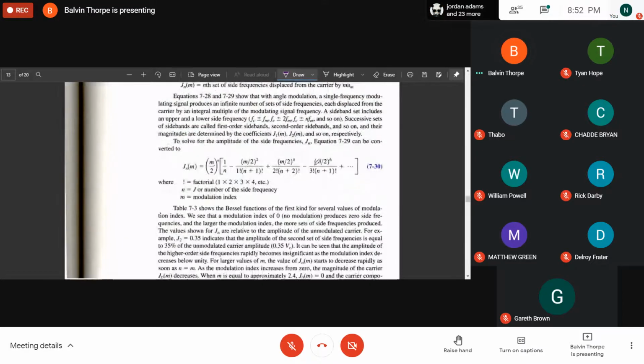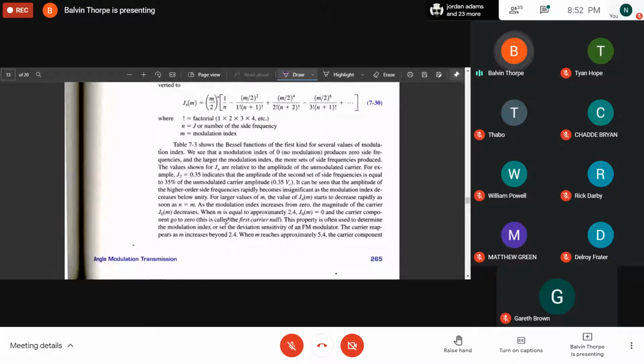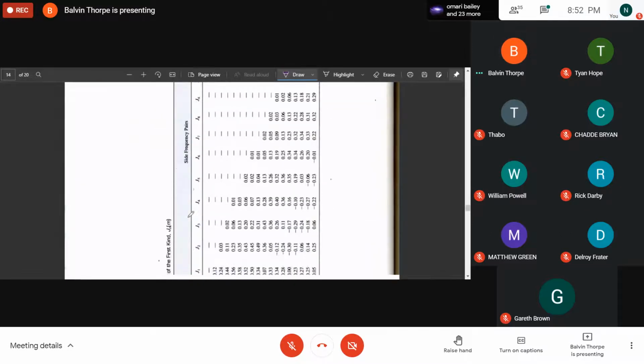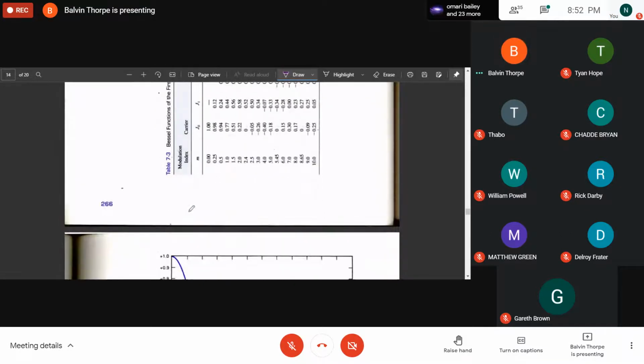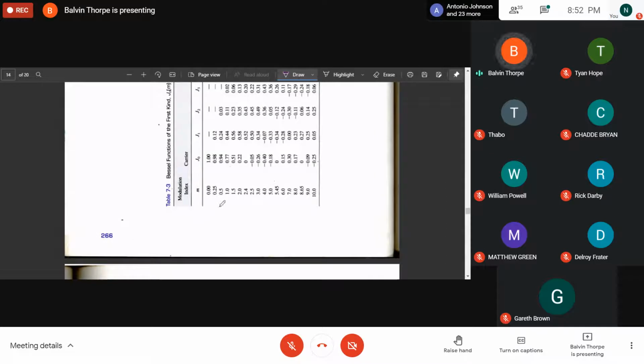So this table brings you several different M values. The first thing the table shows you is your modulation index: 0, then 0.25, then 0.5, then 1, and so on up to 10.